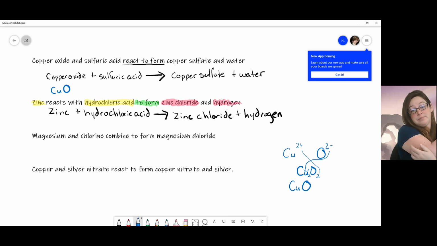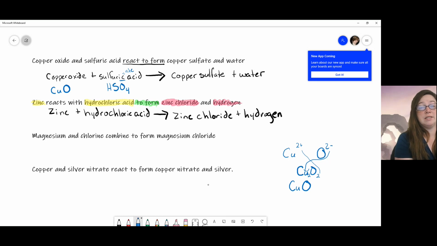Sulfuric acid, it's okay to look up the chemical formulas if you are not familiar with something like an acid, but sulfuric acid is H2SO4. Remember, ic equals ate.